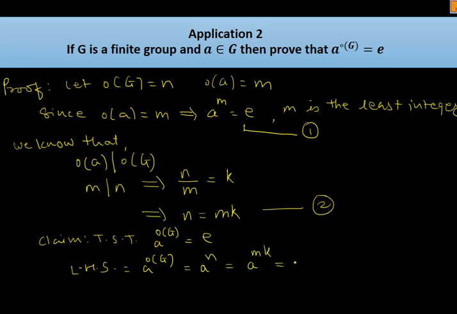Using the laws of indices, I write a to the power mk as a to the power m, raised to k. From equation 1, a raised to m is equal to e, so this is e raised to k, and we know that identity raised to k is again identity, and therefore this is the right hand side.